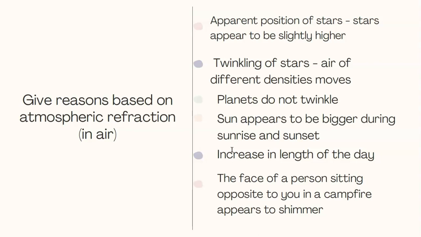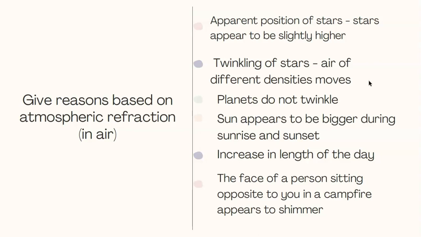Another important phenomenon is during a campfire. The face of a person sitting opposite to you in a campfire appears to shimmer. It appears to be glittery. Now we know that campfire happens mostly in winter seasons. So when they burn the wood, the air above the wood is quite hot. That means its density is less, while all the other air surrounding the campfire is cold.